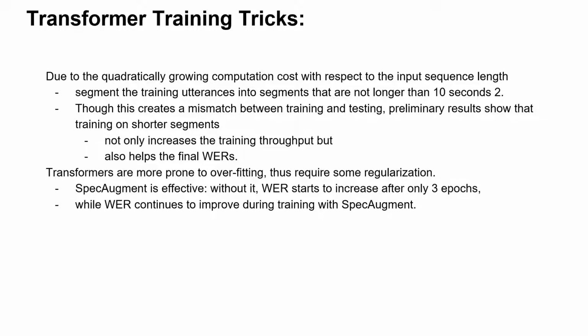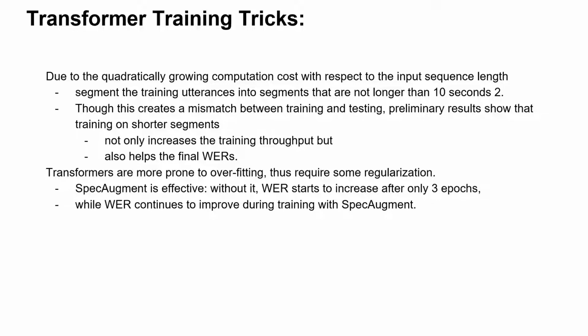Even though it may look like there is a mismatch between training and testing, from the results there is no degradation, and it actually helps in improving the final WER and also the training throughput.